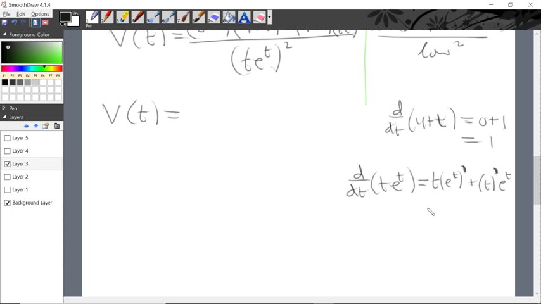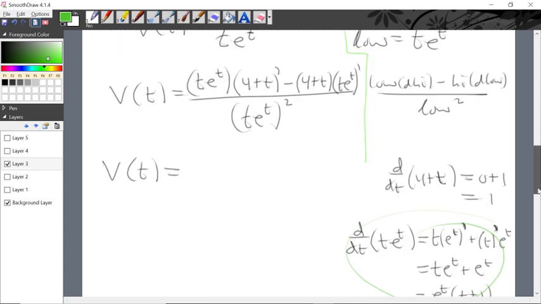Okay, and we did this one earlier. We did x e to the x as the first example with the product rule, so we already saw what this is going to give us. But again, this is t e to the t plus 1 e to the t. In other words, it is e to the t times t plus 1 by the product rule. So that's a product rule right there.